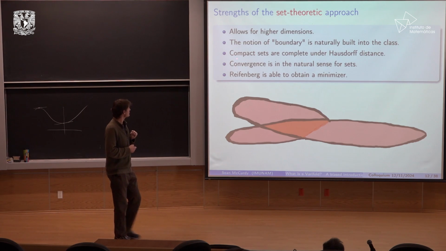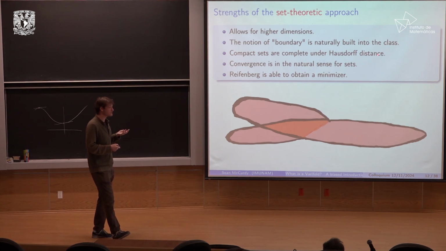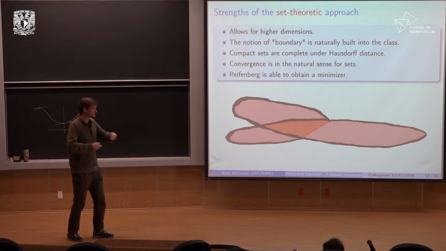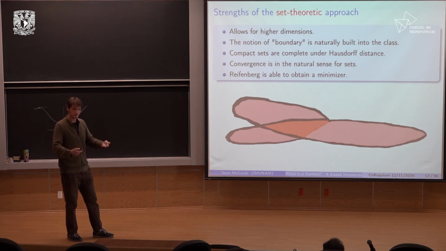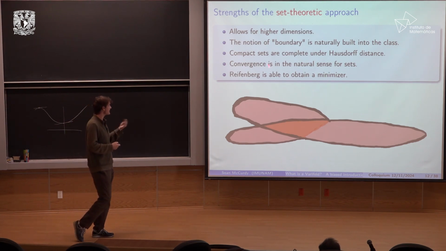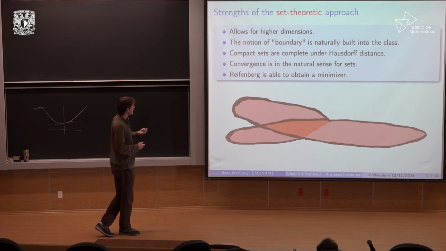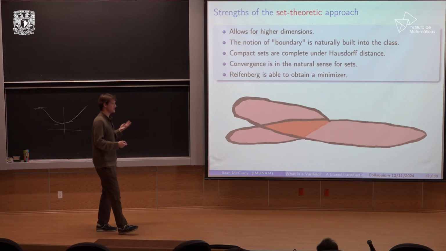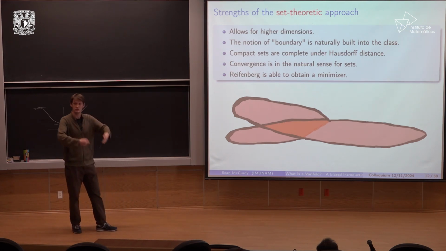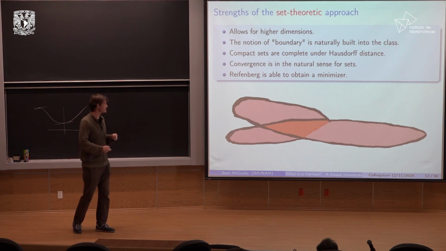Compact sets are complete under the Hausdorff distance, so compactness is kind of right there. Convergence in the Hausdorff distance is very natural for compact sets, so all of these things are very natural notions for the setting. And under this setting, Reifenberg is able to obtain a minimizer. He's able to obtain solutions to Plateau's problem. So this is a great success.